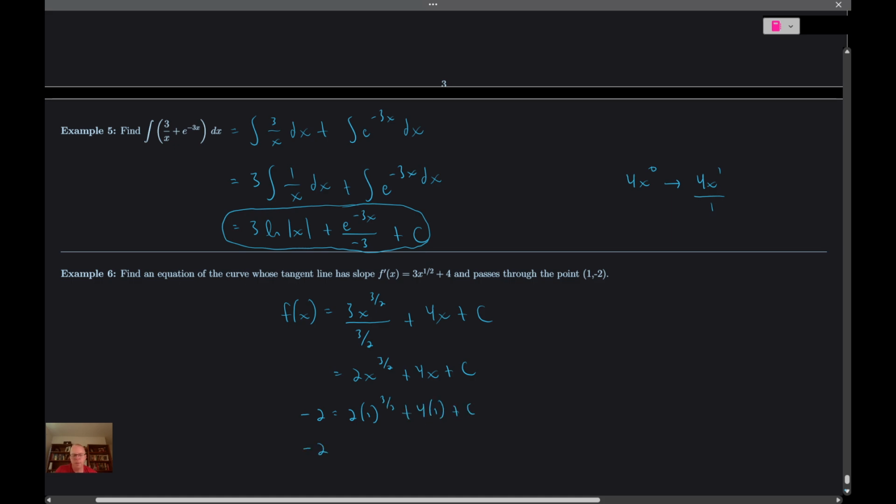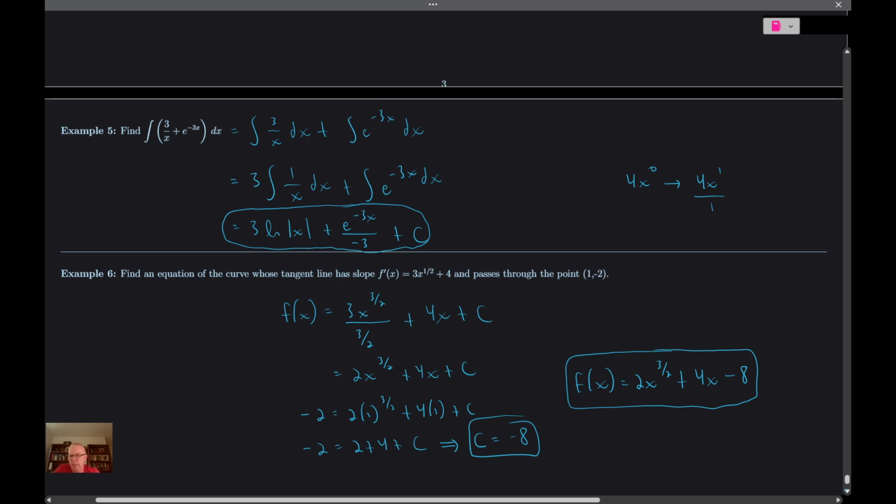So that gives us negative 2 equals 2 plus 4 plus c. So that tells us that c will be negative 8, looks like. So our function is f of x equals 2x to the 3/2 plus 4x minus 8. And that is our function.